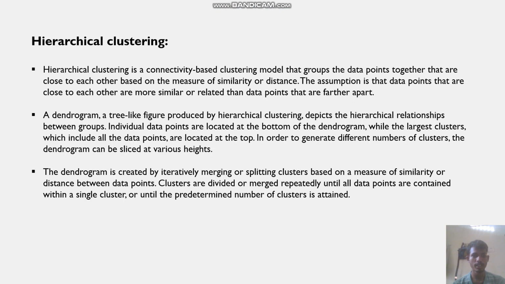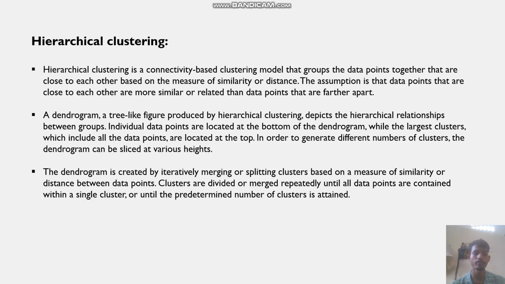Hierarchical clustering is a connectivity based clustering model that groups the data points together that are close to each other based on the measure of similarity or distance. The assumption is that data points that are close to each other are more similar or related than data points that are further apart.